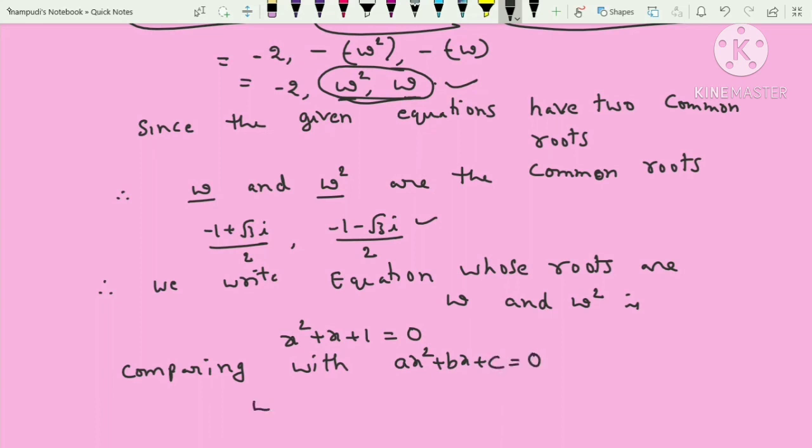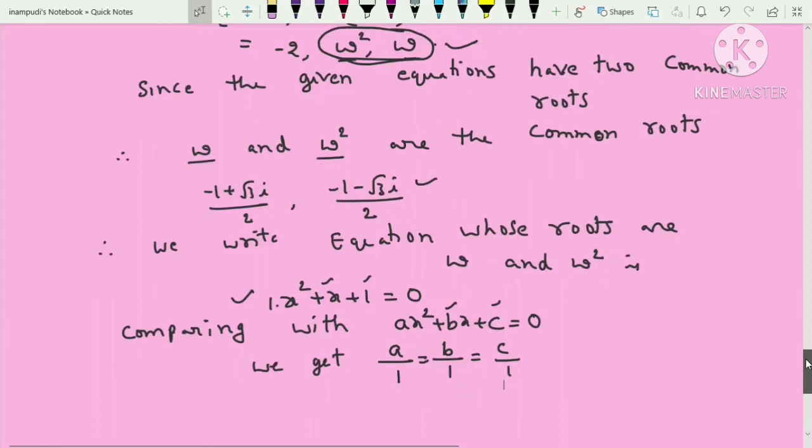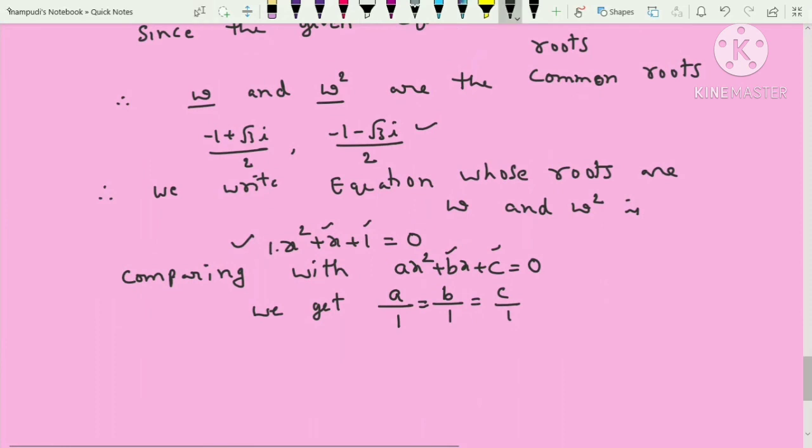So we get the coefficients: a by 1, the x square coefficient here is 1; b by 1, the x coefficient is 1; c by 1, the constant is 1. So the relation between a, b and c is a equal to b equal to c.